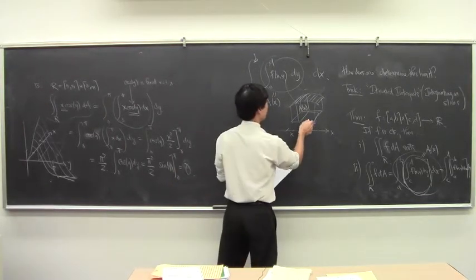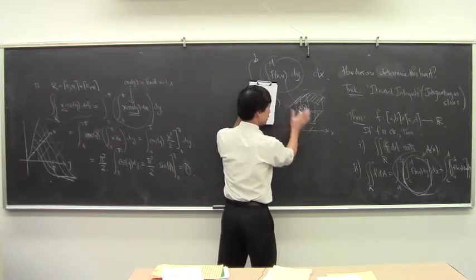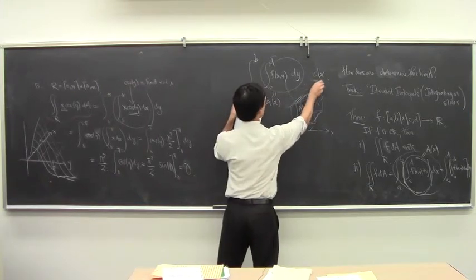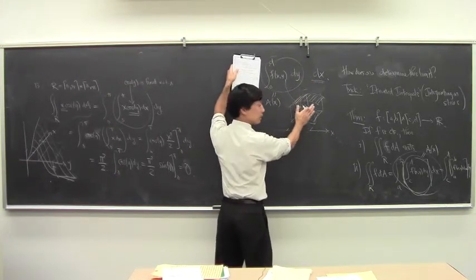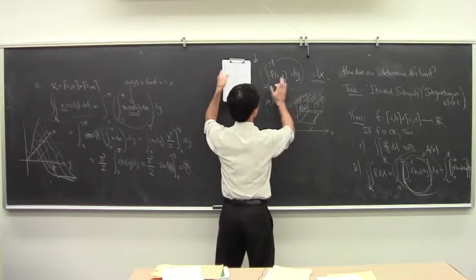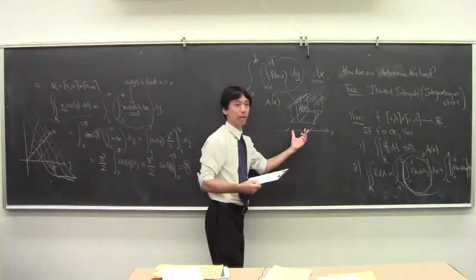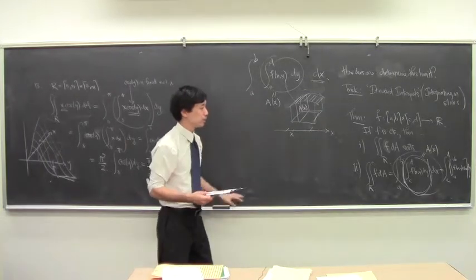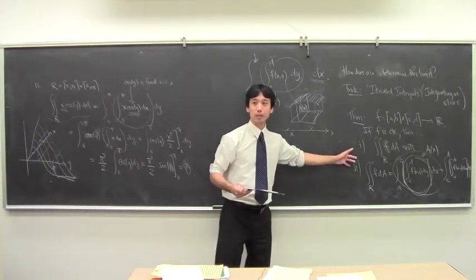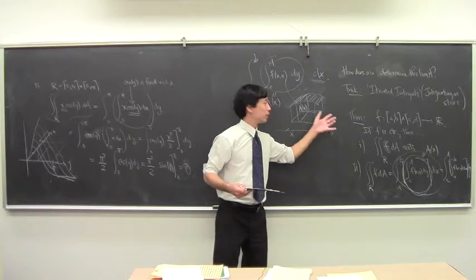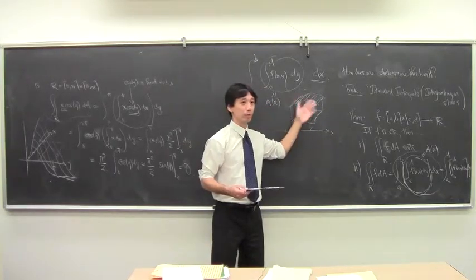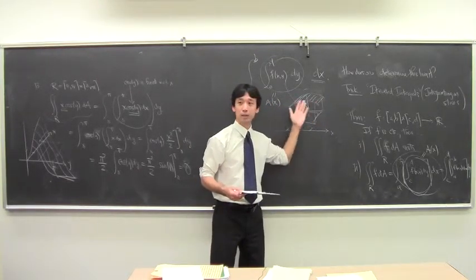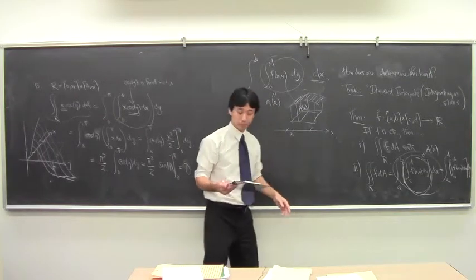So you take slices, you hold the x's still, you get the areas of slices, and then you integrate the areas of the slices along the x over all x, and that gives you the volume. So that's what this theorem says is possible to do. That is, you can calculate volumes by integrating the area function against the second variable.